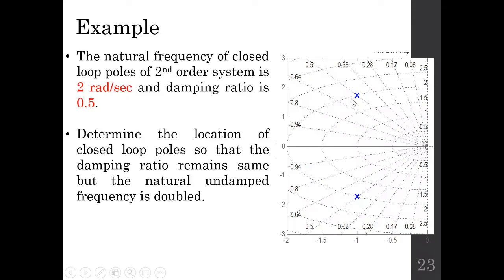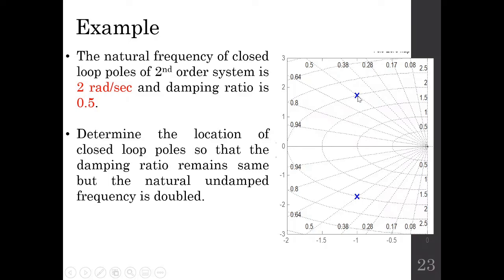Say for example you have these two poles, one here and one here. Since these two poles lie between 0 and 90 degrees, it means that your system is an underdamped system.